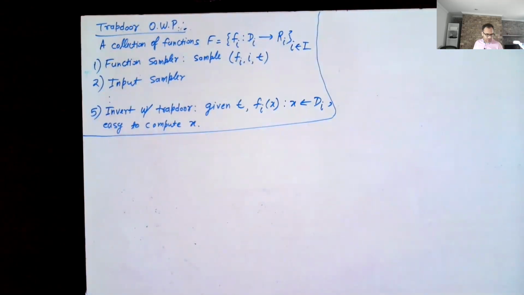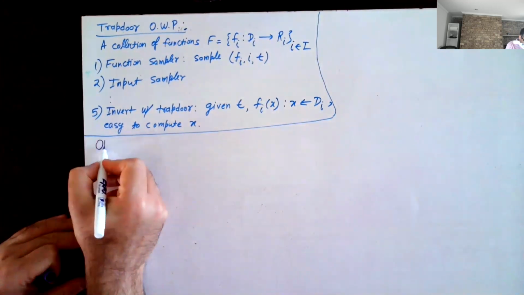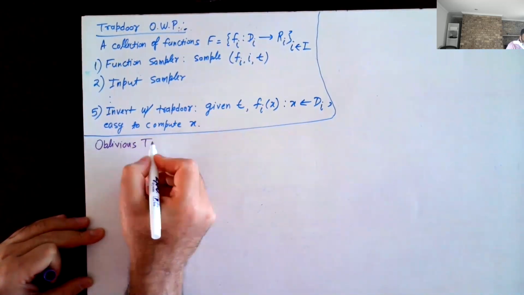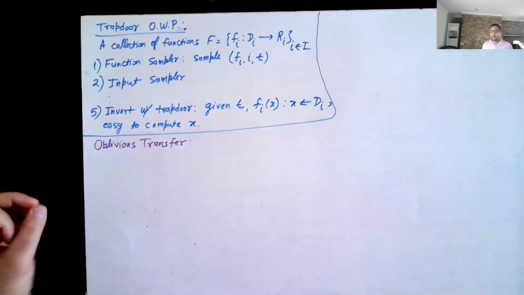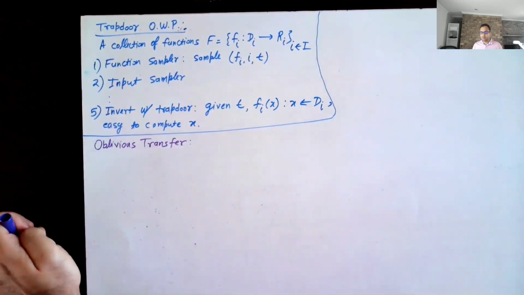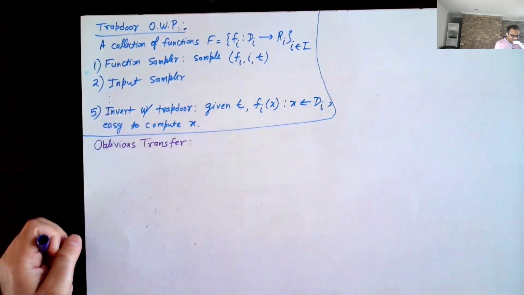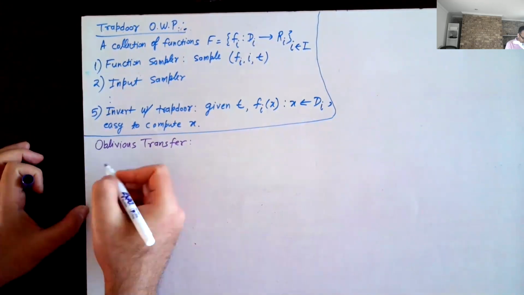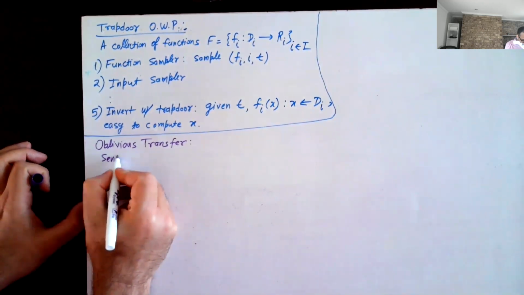So we will use trapdoor one-way permutations to construct what is known as oblivious transfer. Oblivious transfer is a secure two-party computation protocol for a special function f. And I will define the function as follows. In oblivious transfer, we have a sender.